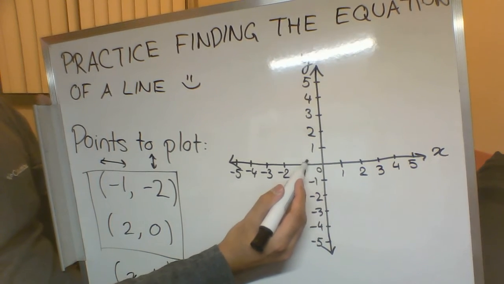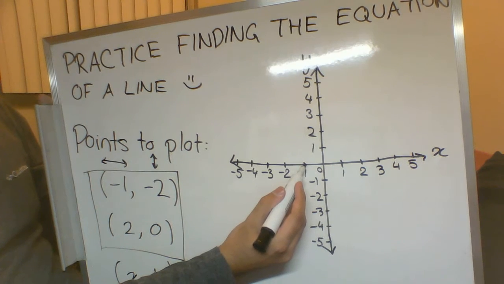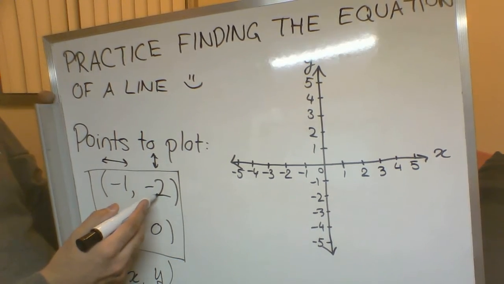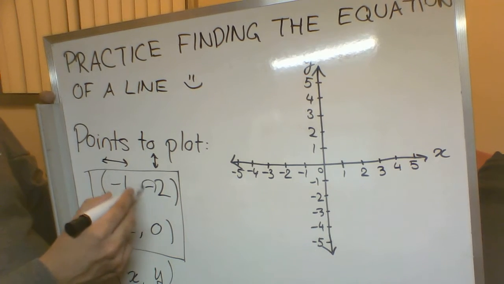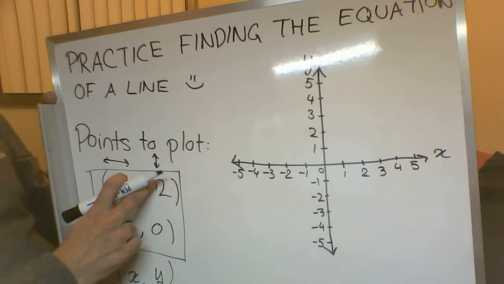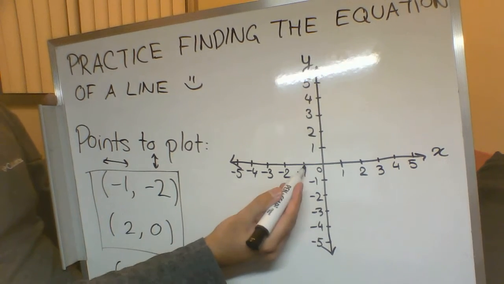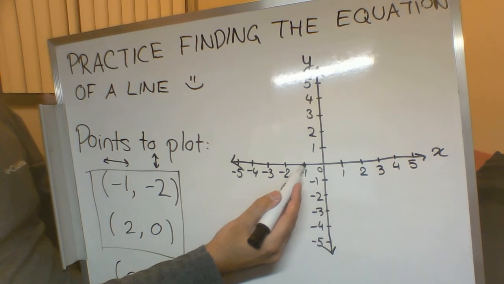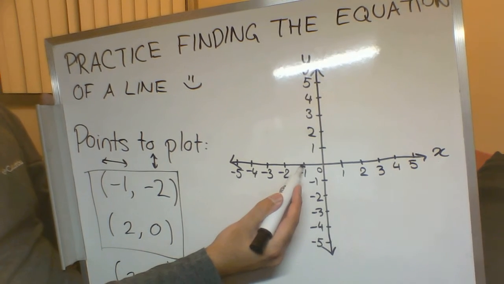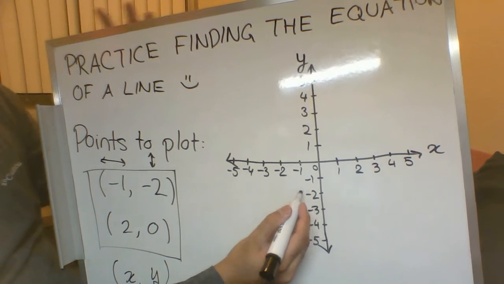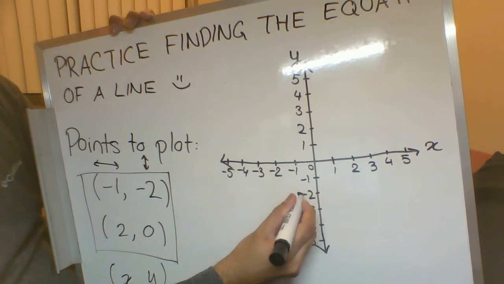Starting here, we go 1 unit to the left, that brings us here, and that takes care of this -1. Then we have to go down because of this minus sign, 2 units from where we were just now. So we started from the origin, we go over here to -1 in the x direction, and then in the y direction we go down 2 units to about here.